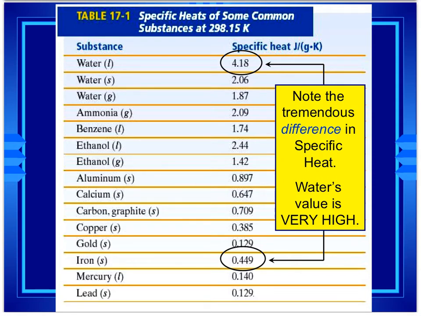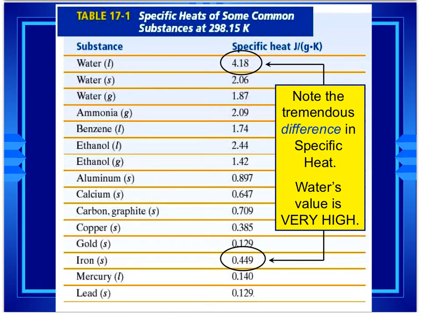So here is a chart that describes the specific heat of some common substances. On the last slide we were talking about how water has such a high specific heat, so notice this value is much larger than these other values. Also notice, I remember thinking that this was interesting, that you've got liquid, solid, gas here. All of these are water, but the specific heat depends on the phase.